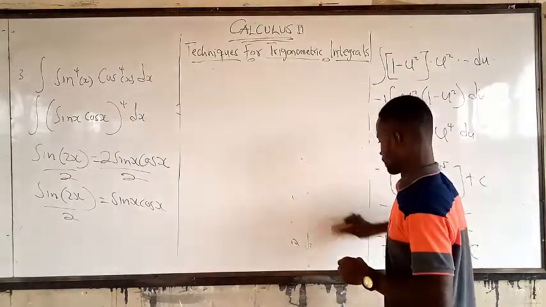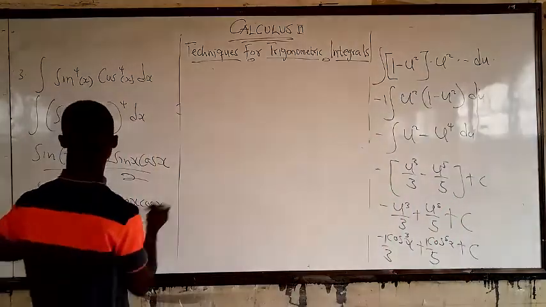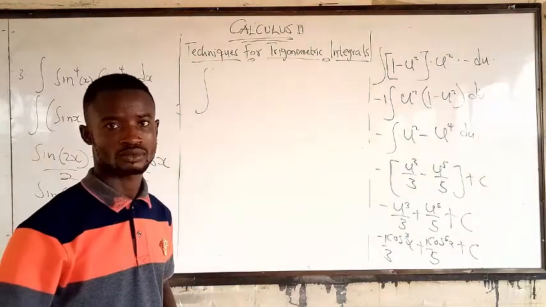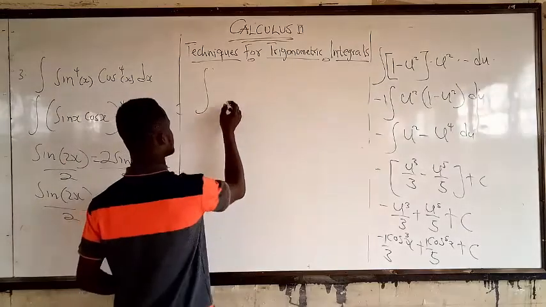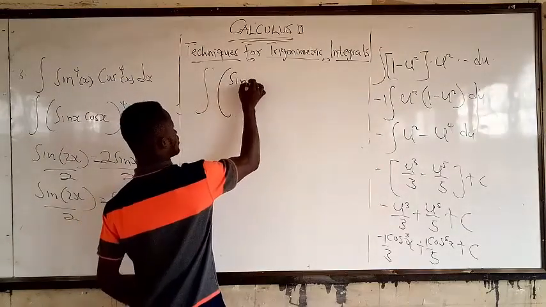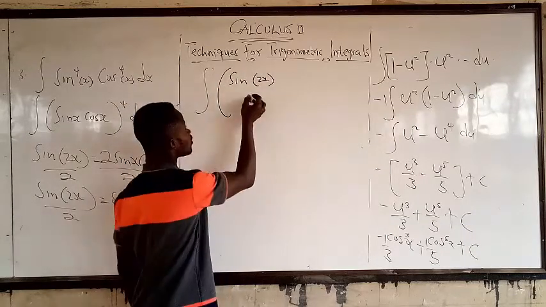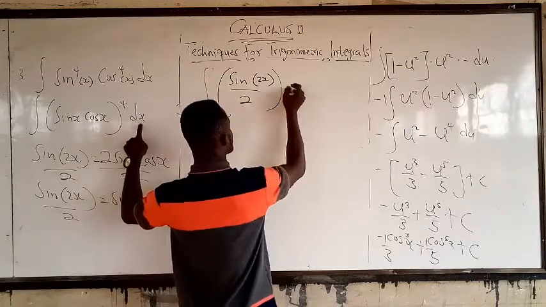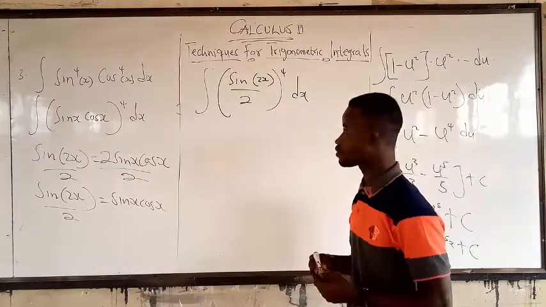Alright, watch. Let's move on. So we get the integral of sin 2x, all this over 2, to the power 4 dx. It's just substitution that we have done.